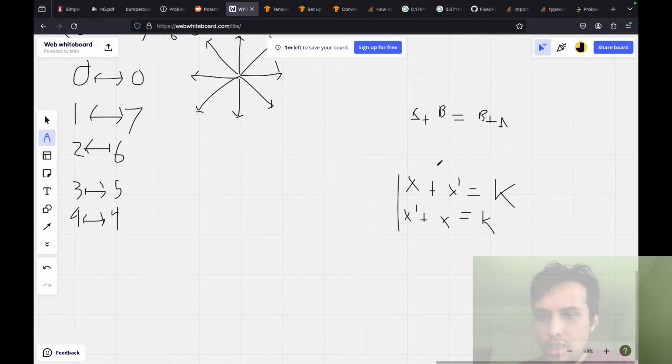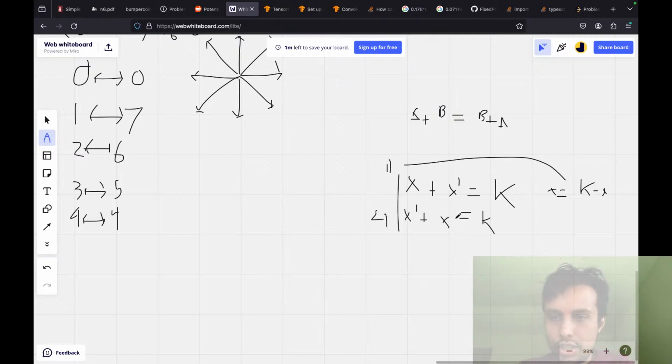Here, everything is in the same spot. So we can say x equals k minus x prime, just from this 1 and this 2, just from 1 alone we can get to this, right? Since the structure of this equation is the exact same thing, we can do the exact same thing here: recopy this k minus x prime, but then let x equal x prime and x prime equal x.